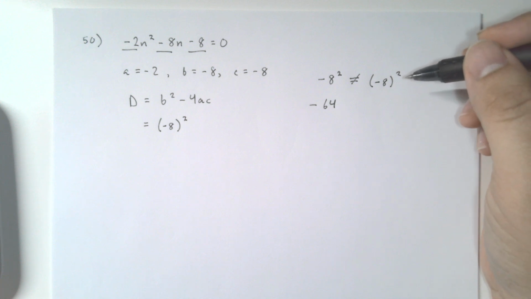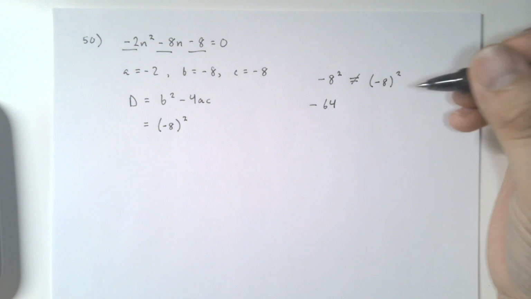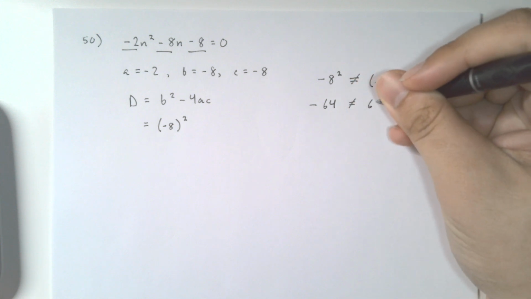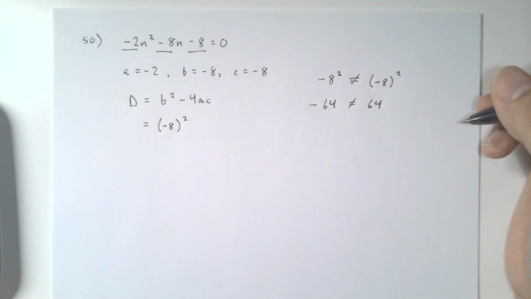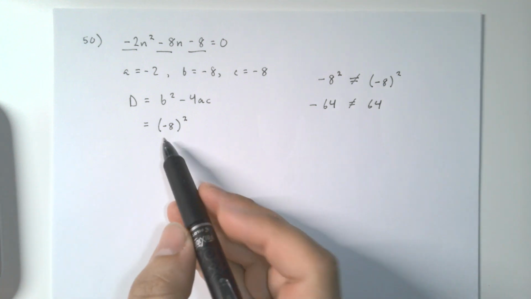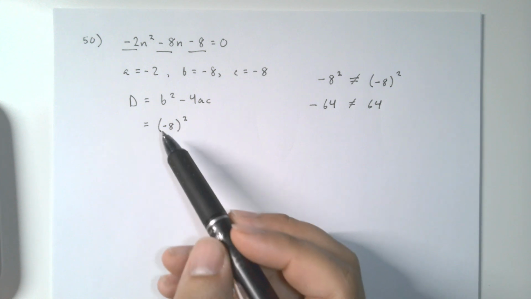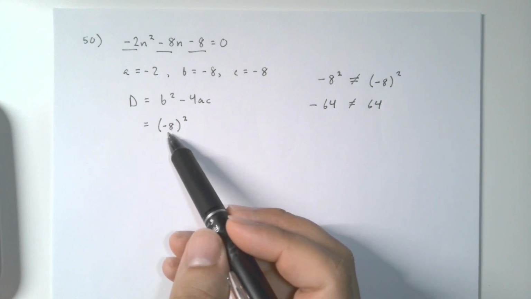But we know that when we square a negative number, negative 8 times negative 8, this would be equal to positive 64. So your parentheses definitely matter here, and that's why it's pretty important to put these parentheses around your b squared. You will get the wrong answer if you don't put the parentheses.